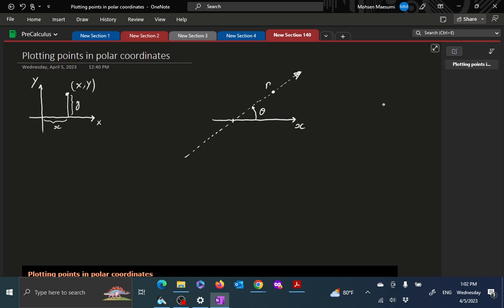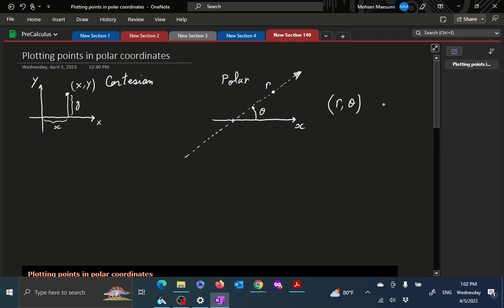Then we collect the two numbers, put them in parentheses as r and theta, and make it clear that we are referring to this point by polar coordinates r and theta. It looks like a parenthesis with two numbers separated by a comma, just like the Cartesian one, but we have to make it clear which one we are referring to. So this is the Cartesian style, and this is the polar style.